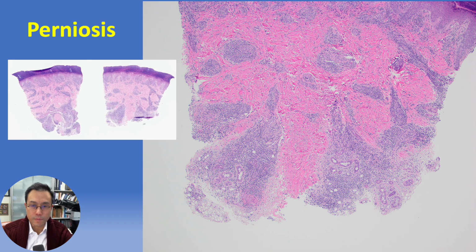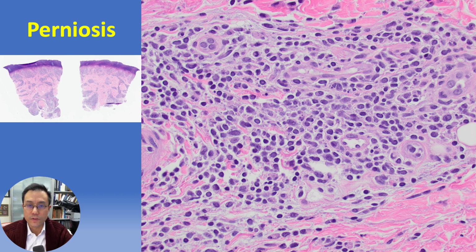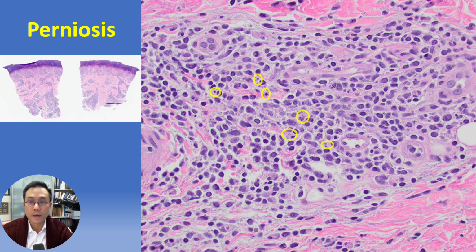Here's a biopsy of perniosis with its characteristic moderately dense, slightly bottom-heavy perivascular and periadnexal lymphocytic infiltrate on acral skin, with vessel walls variably obscured by the dense lymphocytic infiltrate, in concert with nuclear dust, but without intact neutrophils.